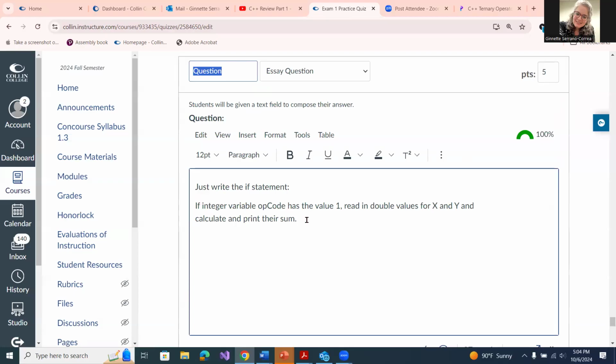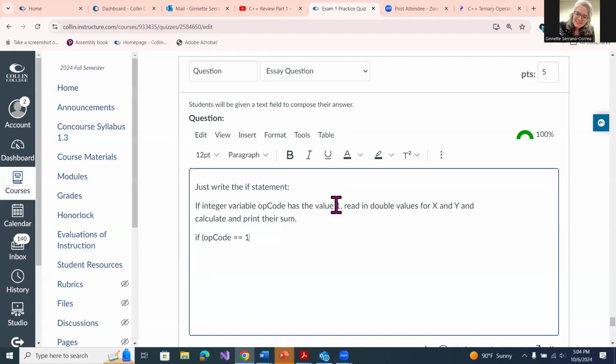If integer variable opcode has the value of 1, I'm just trying to read and type at the same time. I haven't read this in a while.